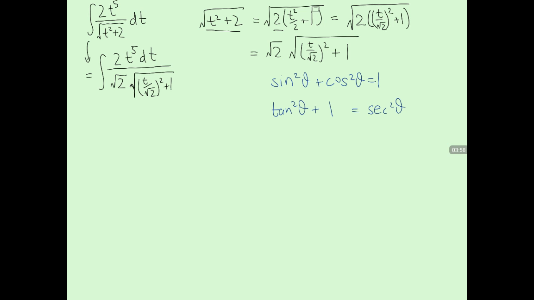So now our question is whether to use sine, cosine, tangent, or secant. If we have t over root 2 squared plus 1 underneath a square root, we want the result to be able to be squared.